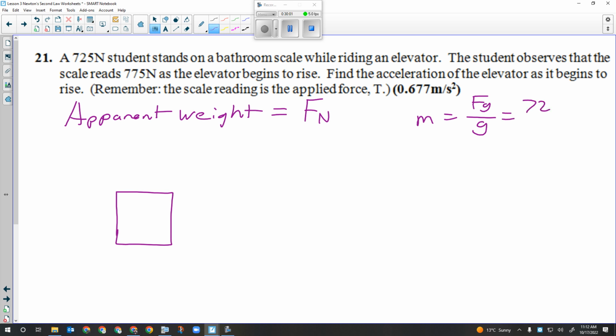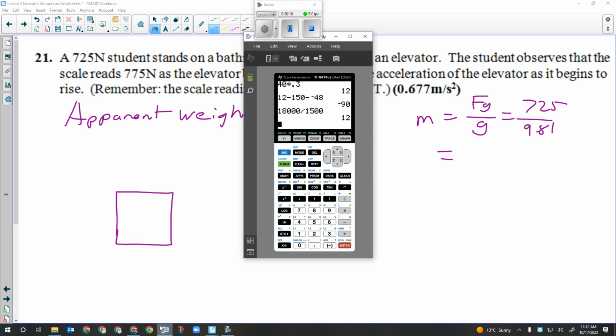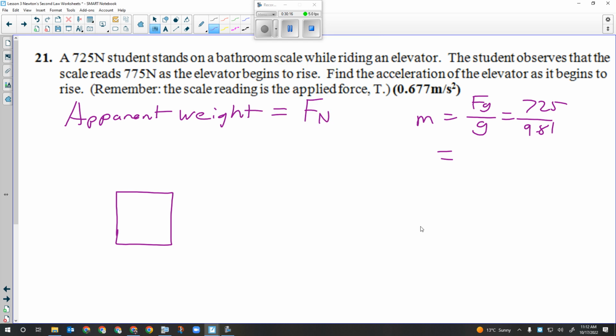So I should take that 725 and divide it by 9.81 to get the mass of the student, because I'm going to need that. All right, so 725 divided by 9.81, the mass of this student is 73.9 kilograms. All right, so I've got that. I can put it in here if I want.